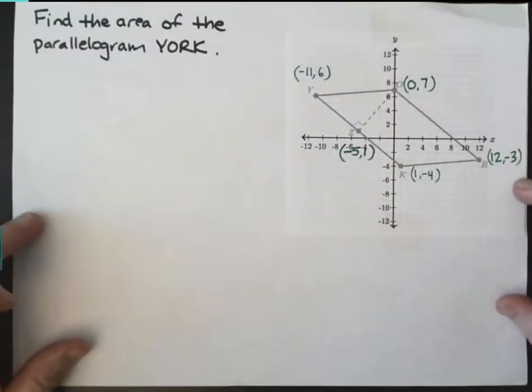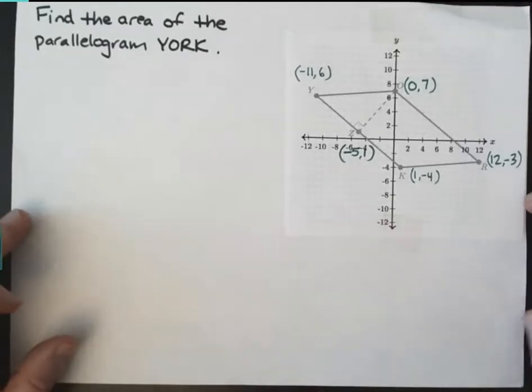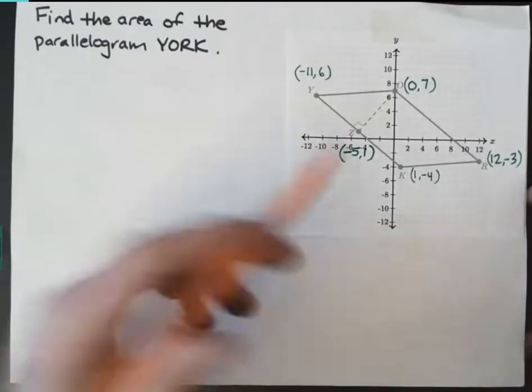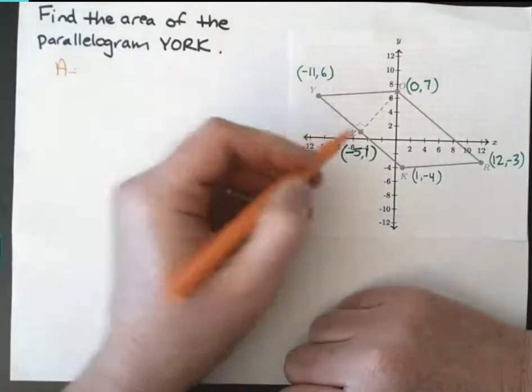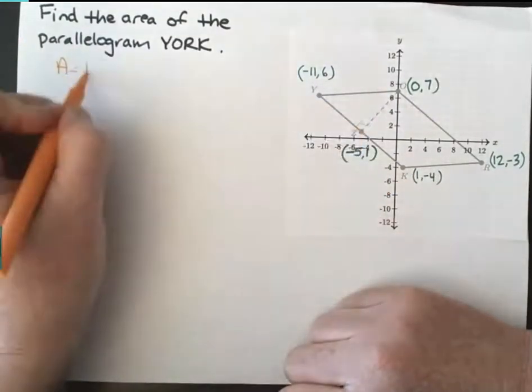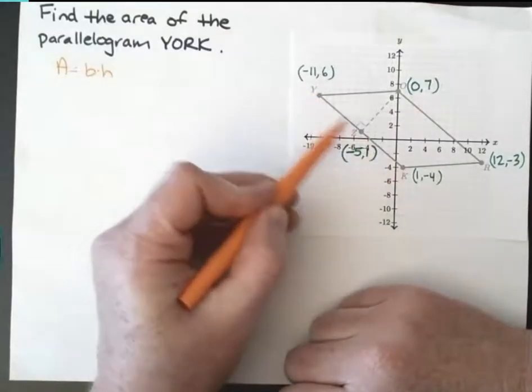Now we're being asked to find the area of a shape. So this is the area of a polygon, all right? And it's a parallelogram. I should have said parallelogram. So we know that the area of a parallelogram is base times the vertical height. So we need this distance here, okay?